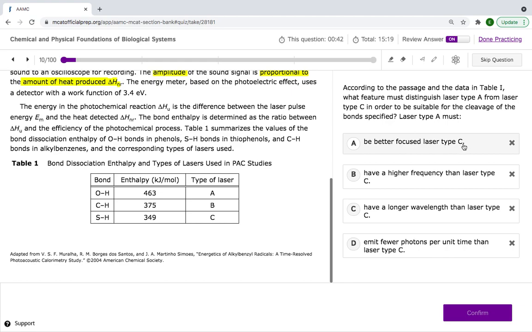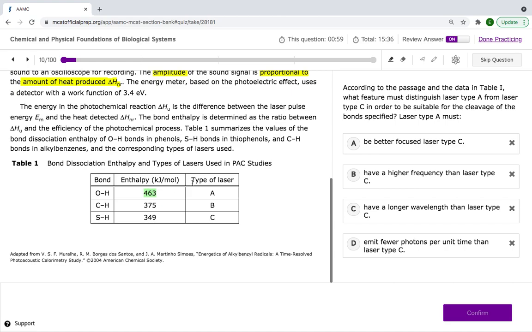Laser type C, okay. Well, we look at it. We see we have 463 kilojoules per mole to break this, and this one we only need 349.